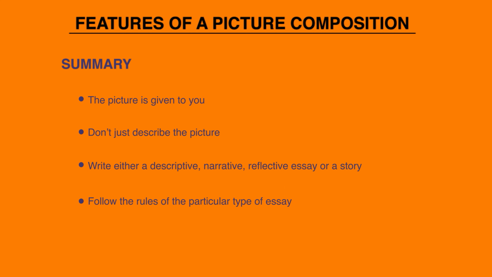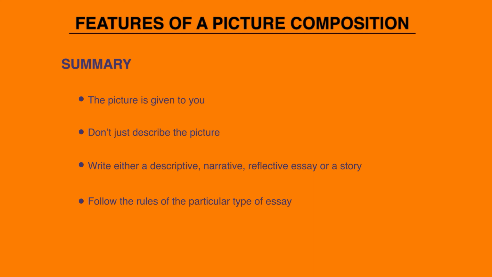A picture composition doesn't have any separate rules. You have to draft it like a descriptive, narrative, reflective composition or a story. I've already discussed these different types of essays with you in previous videos. I've discussed how to write a descriptive composition, a narrative composition, an argumentative essay, a story. I've discussed all of these, right? So you have to follow the same rules here too.